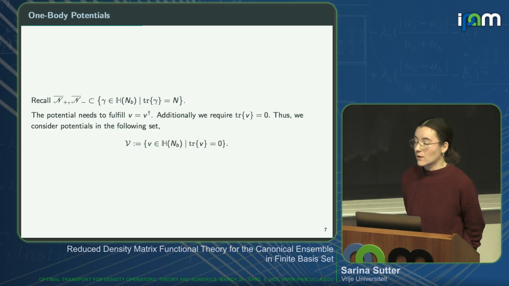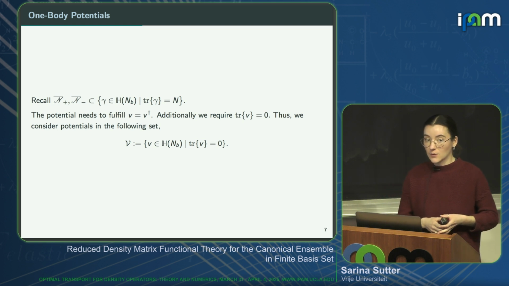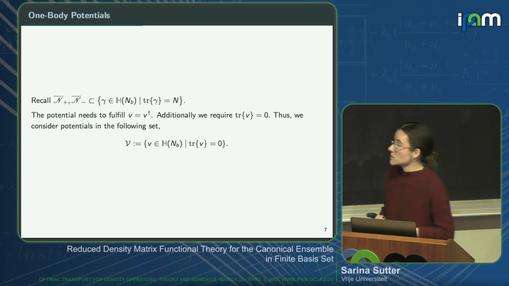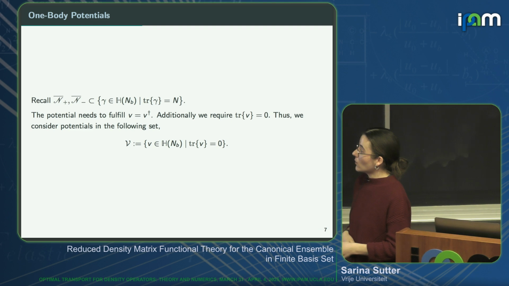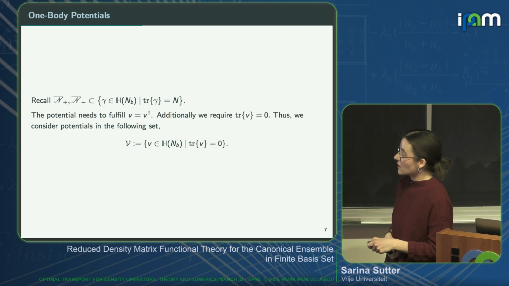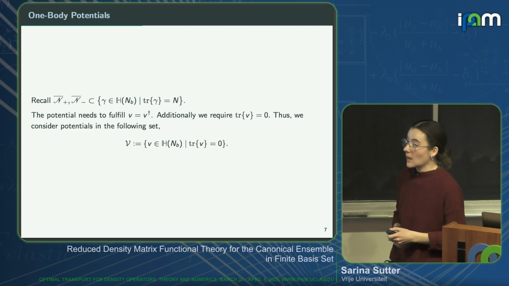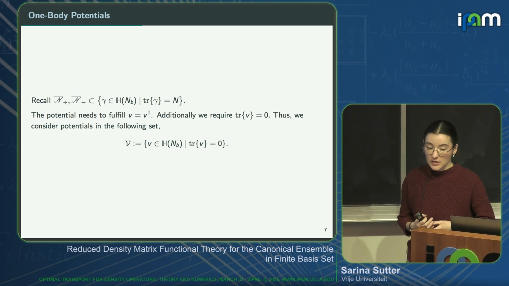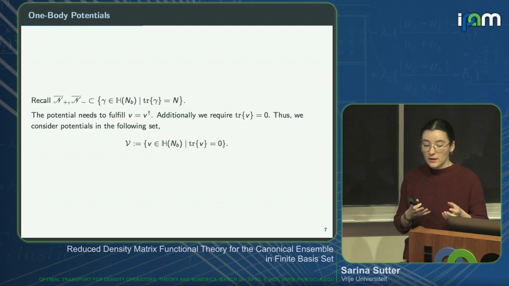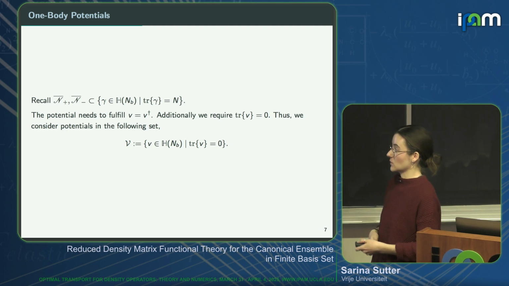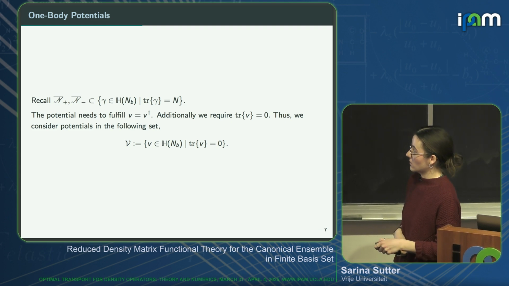Now, because we are also wondering about the v-representability problem, the question is what kind of potential we allow. Our sets of 1-RDMs are contained in this affine space of Hermitian matrices with trace N. To have a finite potential energy, we require the potential to come from the dual space, which, because we are finite dimensional, is just the space itself.